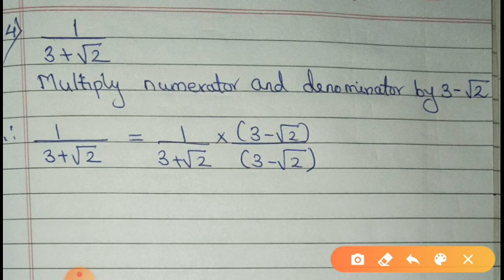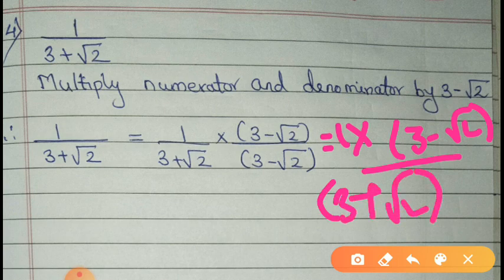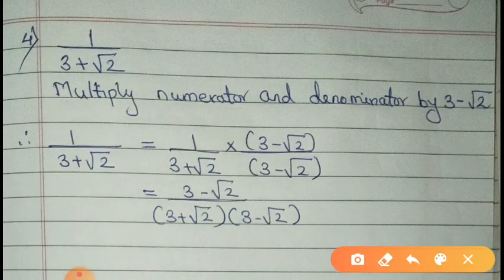So I have multiplied the numerator and denominator. It is the same as 1 into 3 minus root 2 by 3 plus root 2 in bracket, the second also in bracket, 3 minus root 2. Okay, this is the step. 1 into this number, will it be the same number itself? In the denominator I have 3 plus root 2 by 3 minus root 2.